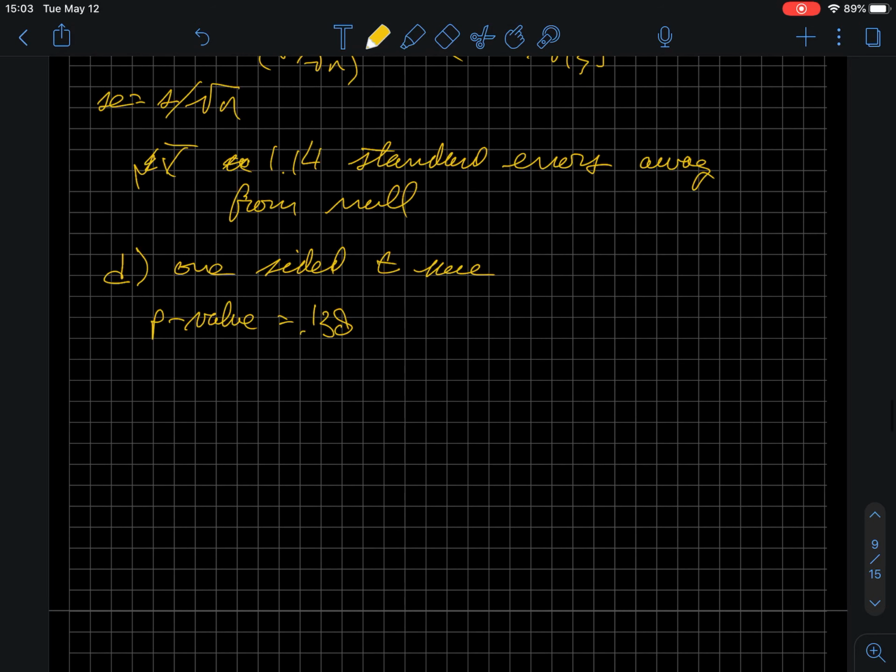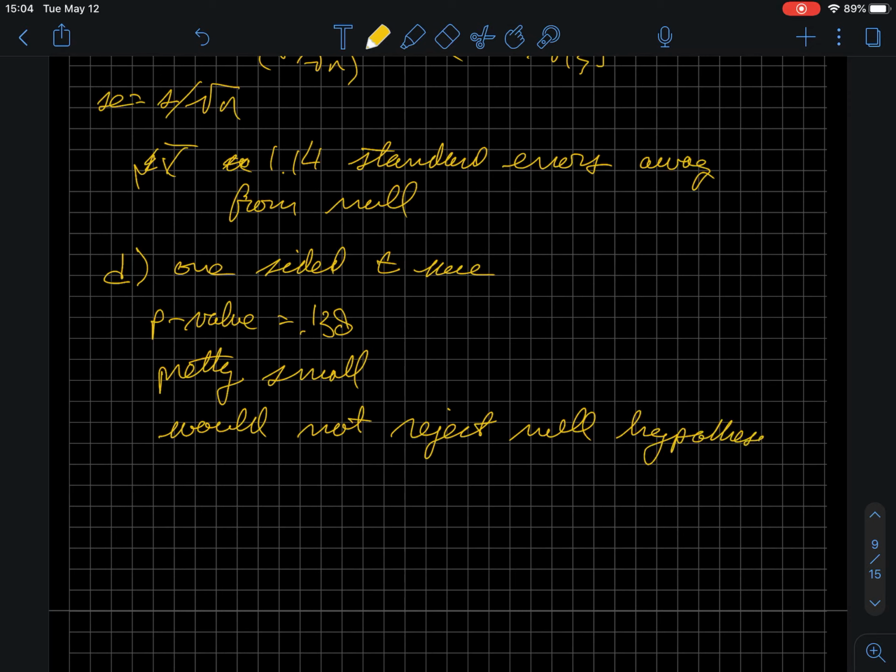In this case, this is not small, and so we would not reject the null hypothesis. That's what we conclude.